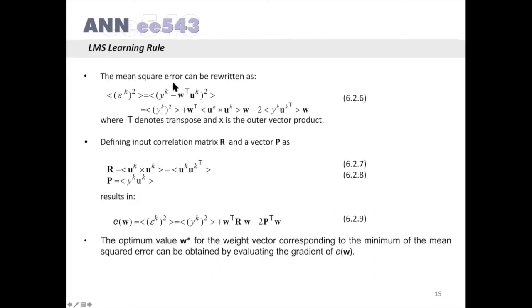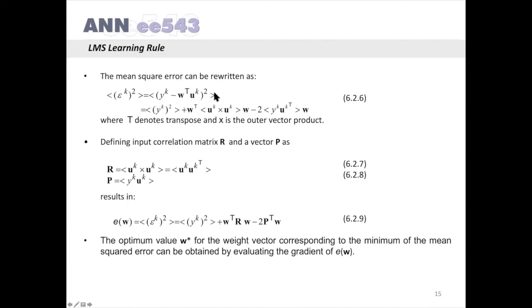The mean square error can be rewritten as the mean of the square of the errors equal to the mean of (y_k minus w transpose u_k) squared. Instead of the error, we are writing the error as calculated.